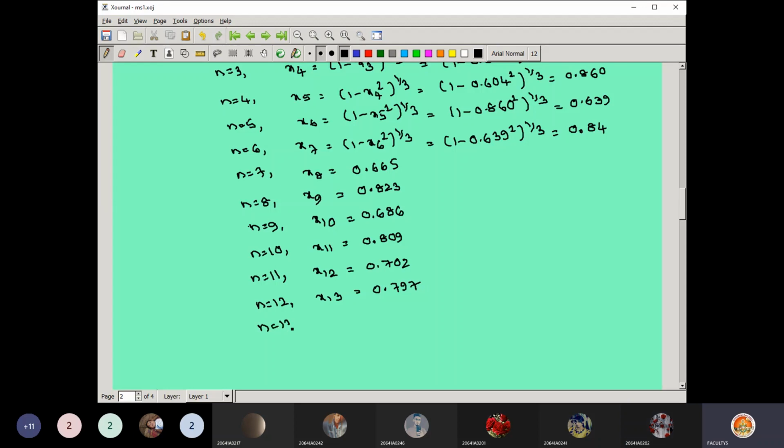Go for n equal to 13, so that you get x14. Slowly you are reaching the point. I think 0.78 or 79. 0.715.